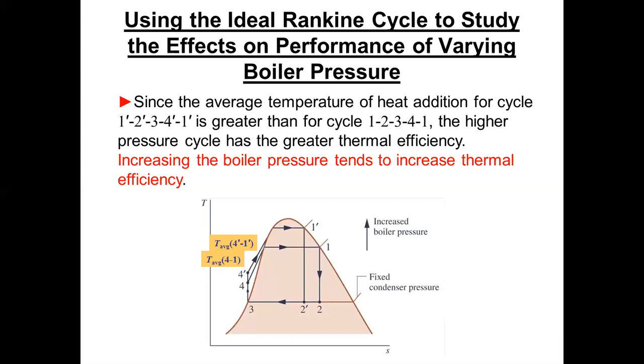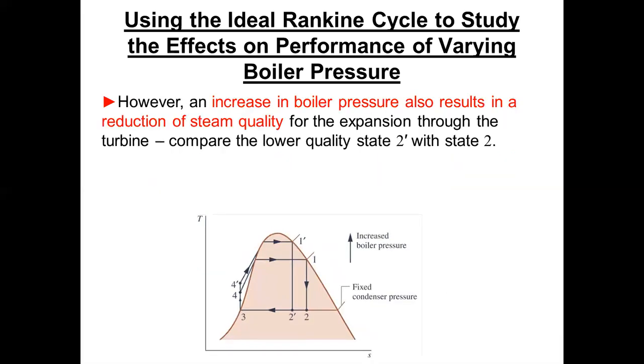So that's what increasing the boiler pressure does, even though the turbine doesn't like it because it sees more moisture. Okay. So now he's making the point about the steam quality, which is the point about the turbine being beat up more by water droplets. So we're going to go from 2 to 2' as we increase the boiler pressure.